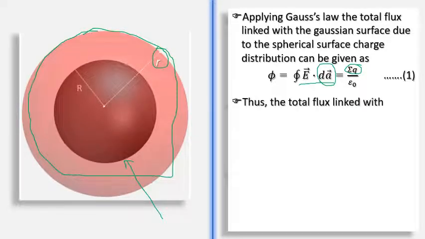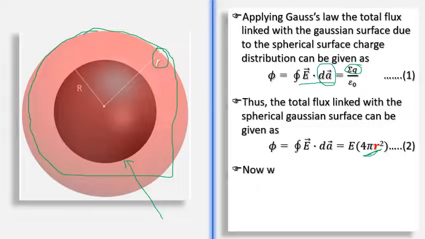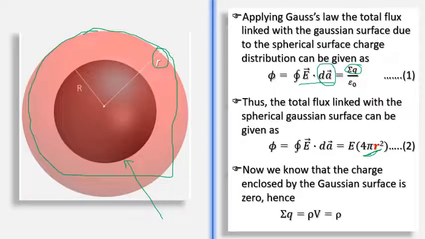So thus the total flux linked with the spherical Gaussian surface can be given as phi is equal to closed integration E dot dA, or E into 4 pi small r square. And the charge enclosed by the Gaussian surface can be given as density into volume, and here charge is only up to capital R distance.